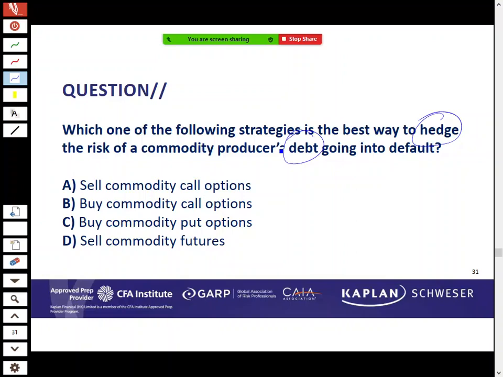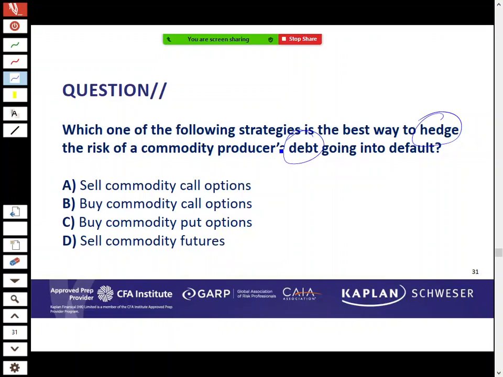How can you hedge your debt exposure in this case? Therefore we have to go through these options, choice A, B, C, D, to see which one is most appropriate.